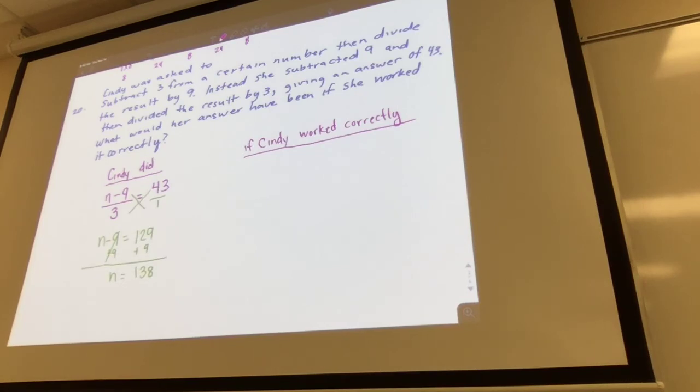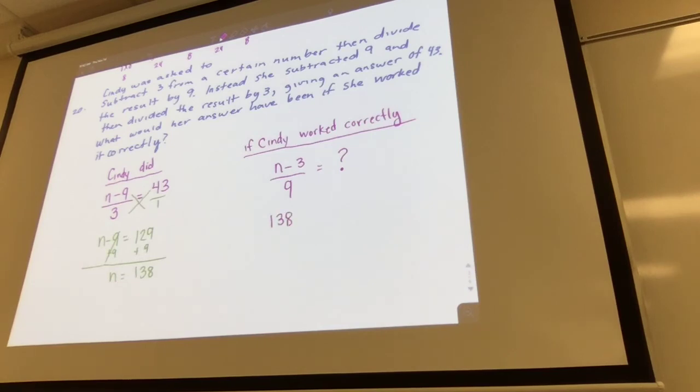So subtract 3 from a certain number, then divide by 9. Okay. So we know we would take a number, subtract 3, then divide by 9. And we said, what's that equal? Well, the number we found was 138.